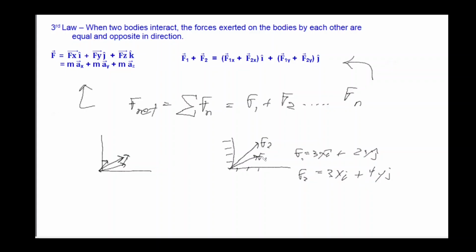We can find the sum of these two vectors by adding the components. So the F total vector is equal to 6xi plus 6yj. So we'll be using this technique for all the problems that we do.